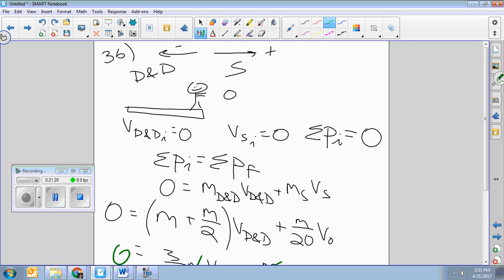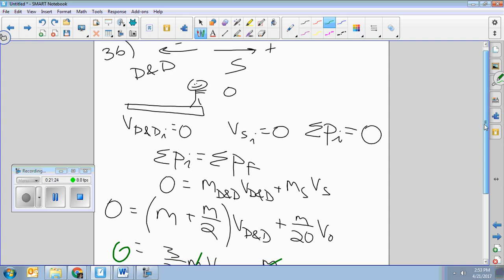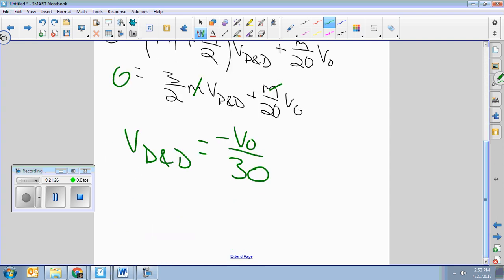Describe for me the force that's going to stop the disk from sliding, you guys. Friction, right? So here's what we know. We know that our initial velocity is negative v naught over 30. We know our final velocity is 0. Let's see, what else does it tell us?